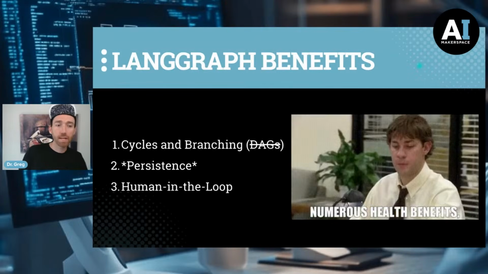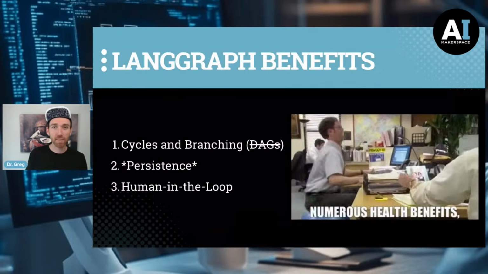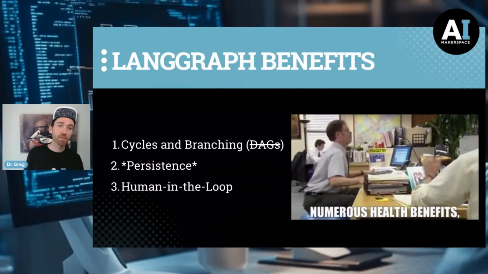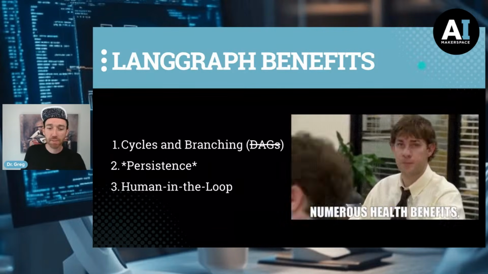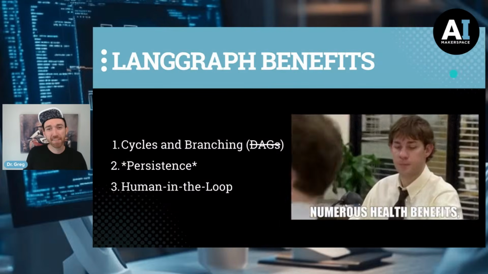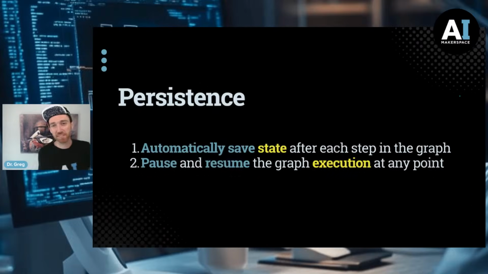When you talk about LangGraph, the key benefits are, yes, this idea of cycles, yes, this idea of directed cyclic graphs, but importantly, we have two ideas. The first is persistence.